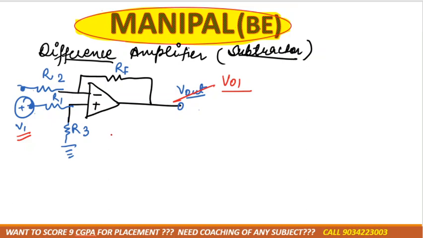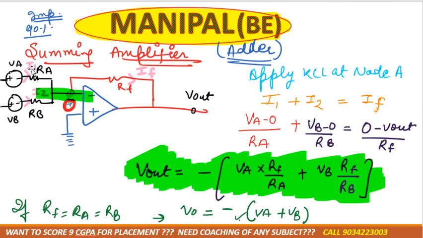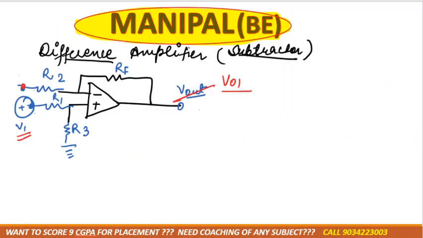We have to do this derivation by superposition because here we are giving two voltages at two different terminals. In the last case, we gave the two voltages at the same negative terminal, so we could do it directly, but in this case we are providing two voltages at different terminals. Okay, so that's why we need to do it.